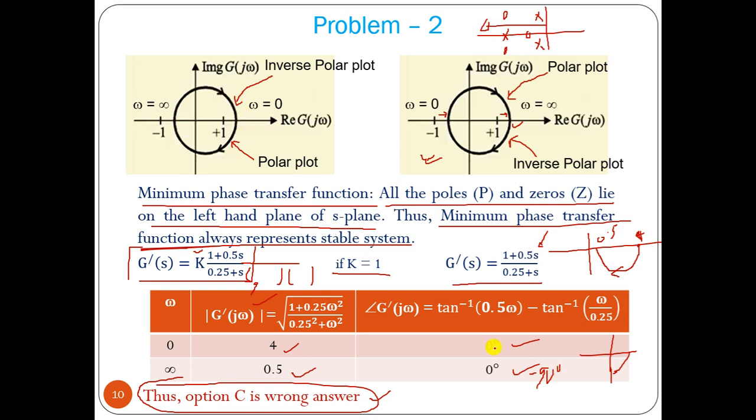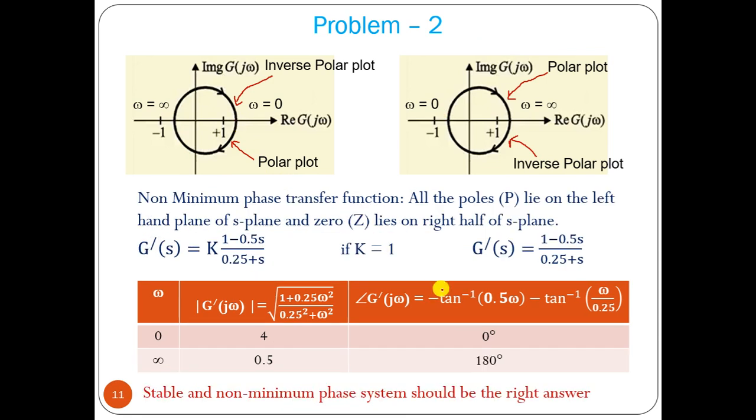That angle we are not getting from here. Magnitude we are getting, but angle we are not getting appropriately. Starting from minus 180 degree, 0 degree to minus 180 degree, we are not getting that. So this is not true.